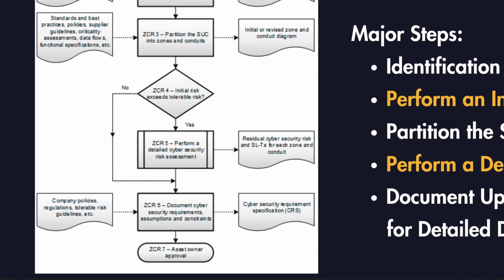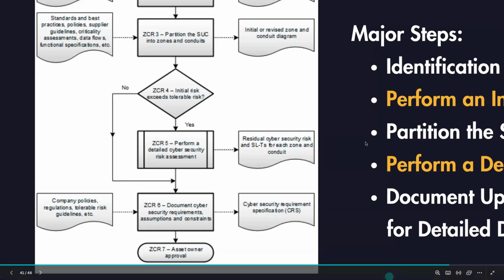Then you can just mention in your report the assumptions and constraints that we identified during our risk assessment. If you are working in the consulting domain, this workflow will definitely help you understand clearly. And then finally, you detail everything as a part of the cybersecurity requirement specification, CRS.